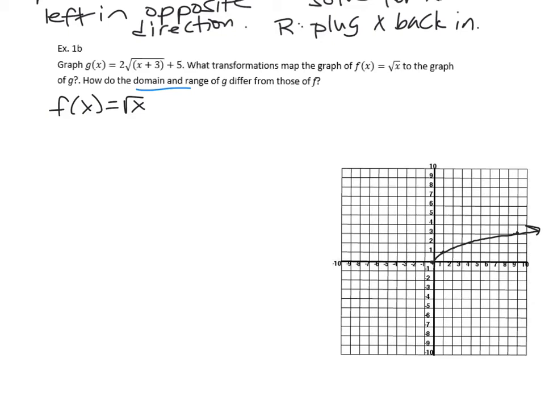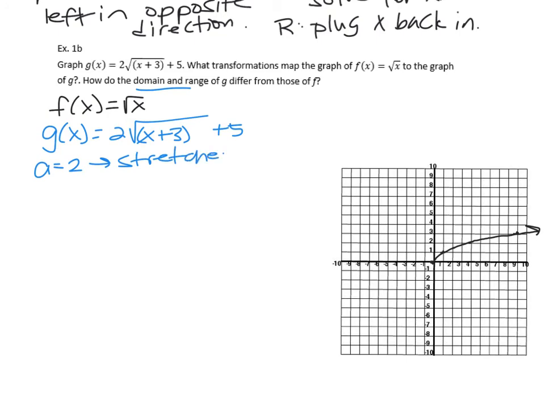Now let's take a look at our transformation for g of x. For g of x, we have a 2 on the outside, we have x plus 3 on the inside, and then 5 after. The 2, since it's greater than 1, means our graph is going to stretch.